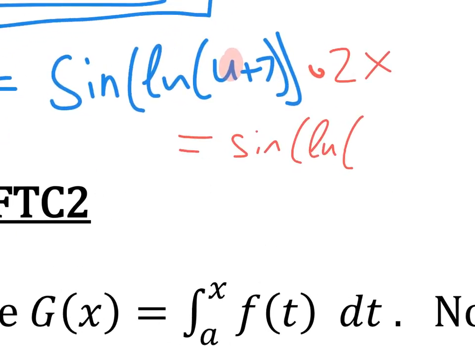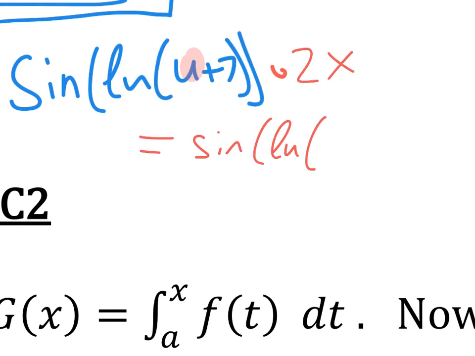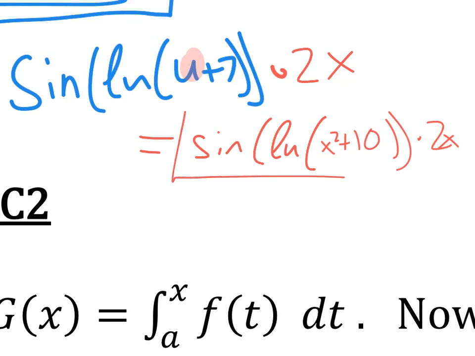So we're going to put x squared plus 3 in place of the u. X squared plus 3 plus 7 times 2x. And we can go ahead and clean this up and write this as plus 10 in the middle. And that is our answer.